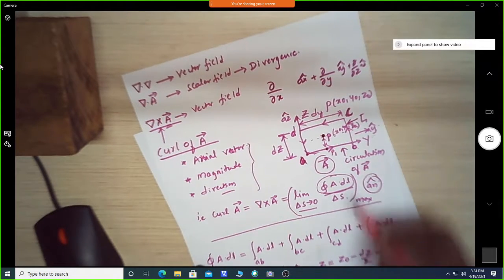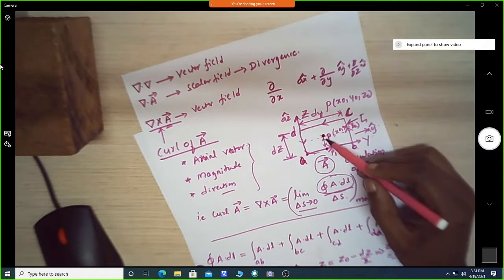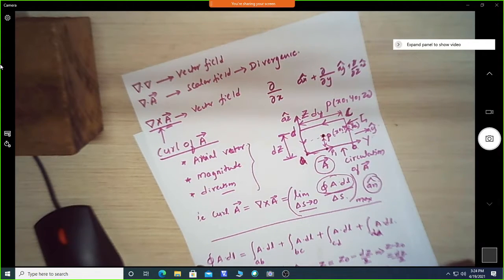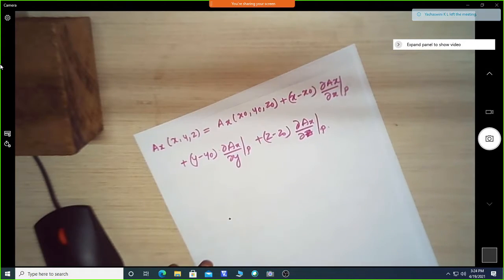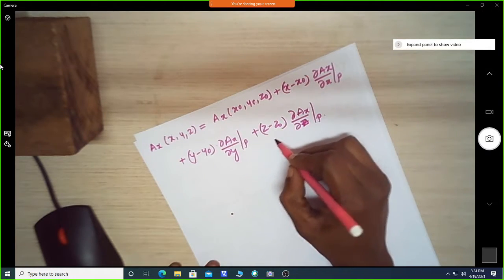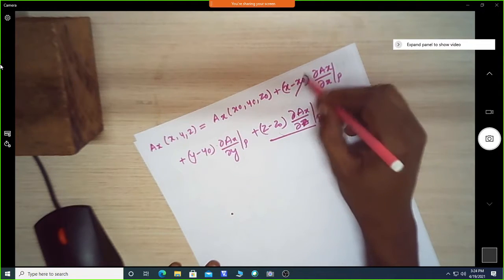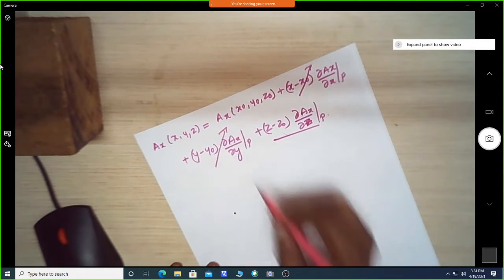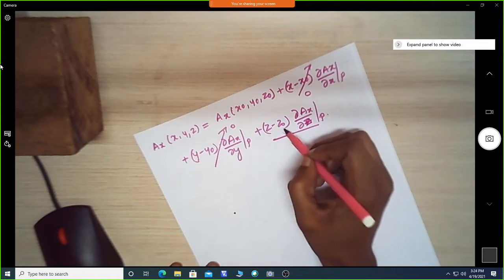So with respect to the y component, we are taking the differential derivative with respect to z. If I consider that, only this component will be there, and the other two will become 0 in the Taylor series expansion. So we only have two components.